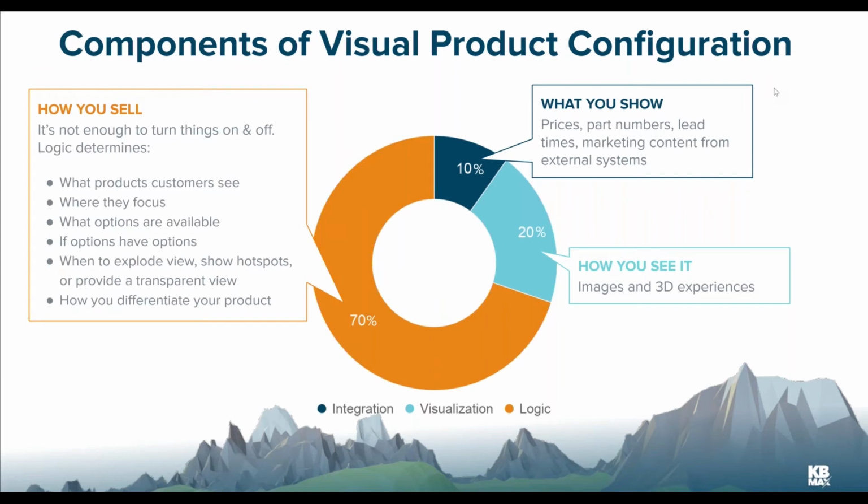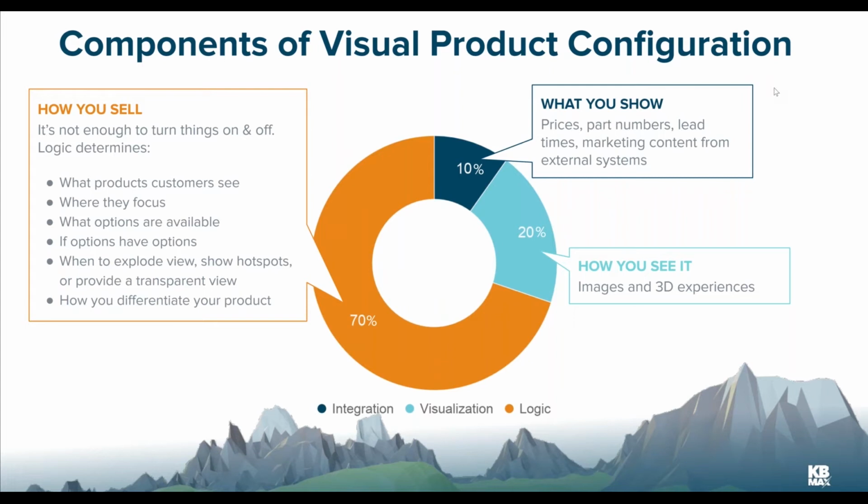It's the logic that drives what products customers see, where they're going to focus, what options are available, if those options have options, when you want to explode a view and show hotspots so that customers can drill into a specific product and see the things that differentiate you, whether that's a transmission on a bulldozer, electric drive on a car, or a new type of pumping technology. Your customers can actually see that and differentiate in real time and guide them through that process.